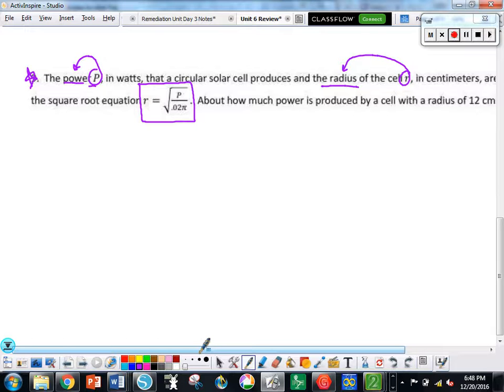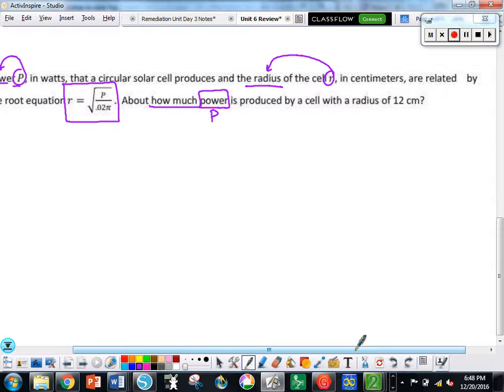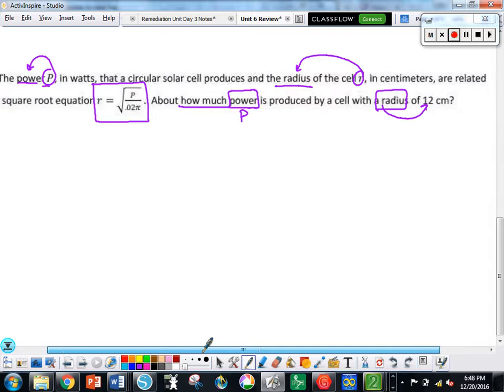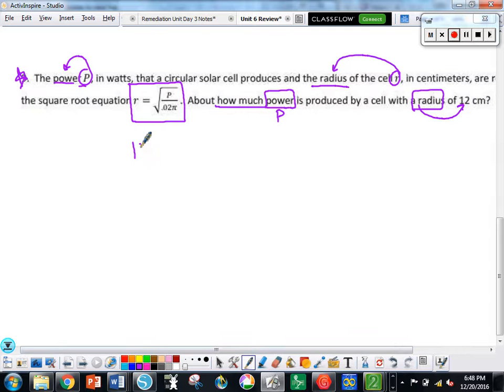About how much power is produced, so this right here tells you the variable to solve for. By a cell with a radius of 12. That means everywhere there's an R, we're going to put a 12. 12 equals the square root of P, that's the variable we're solving for, times 0.02 pi.